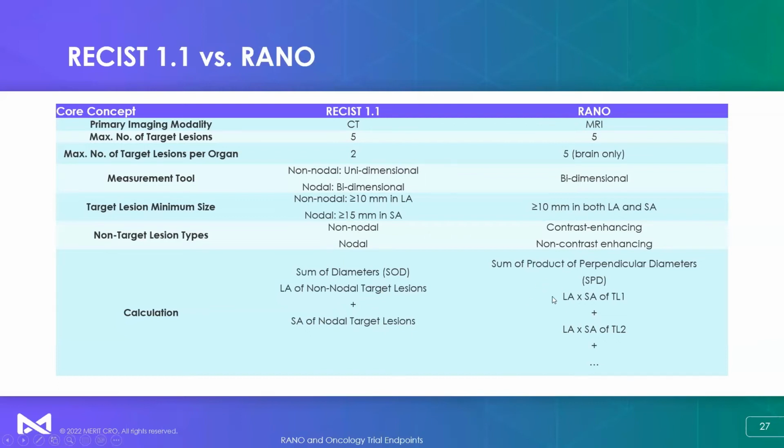RANO calculates the sum of the product of the perpendicular diameters. This also changes the cutoff for percent change from baseline or nadir, as we discussed earlier, where more than 30% decrease or greater than 20% increase in RECIST becomes 50% and 25% respectively in RANO.